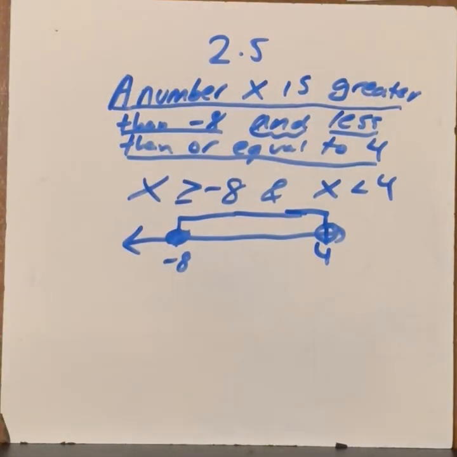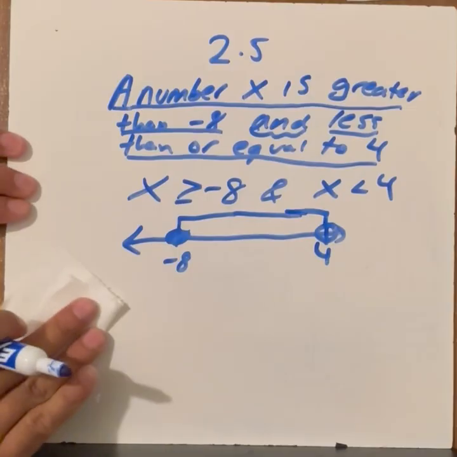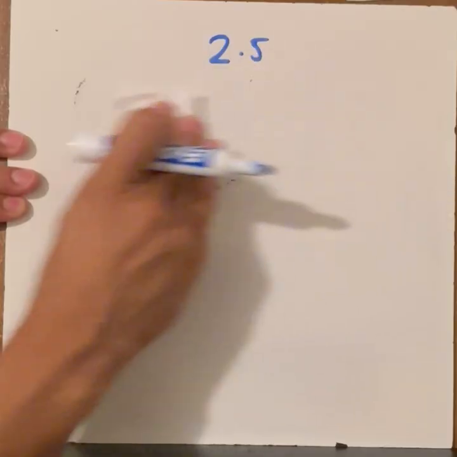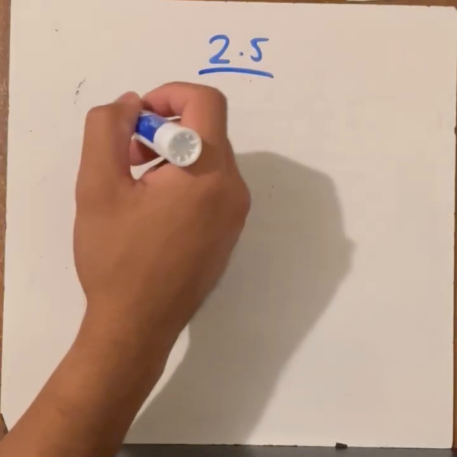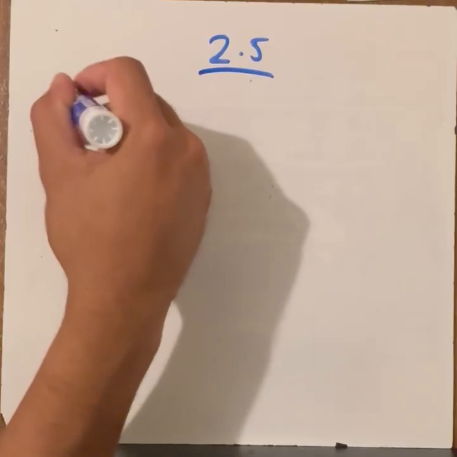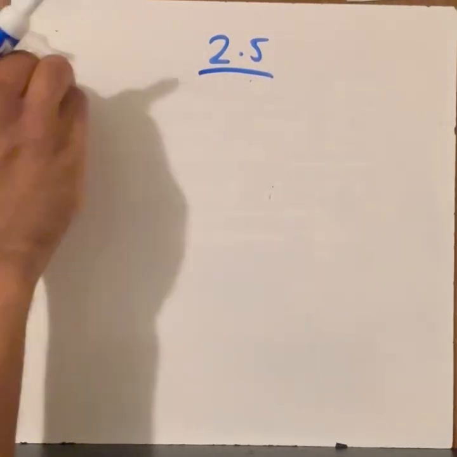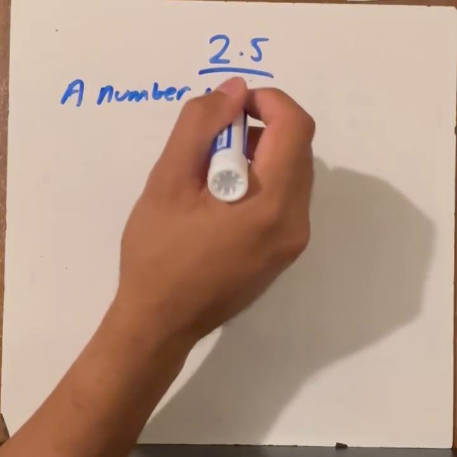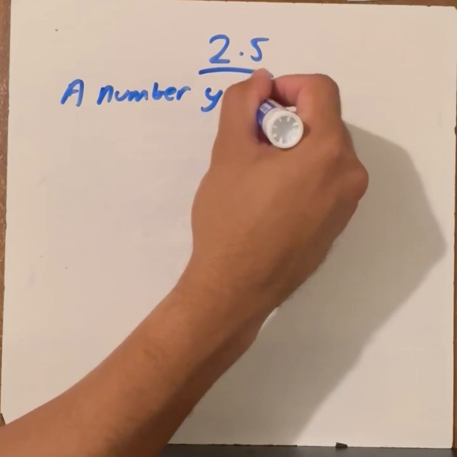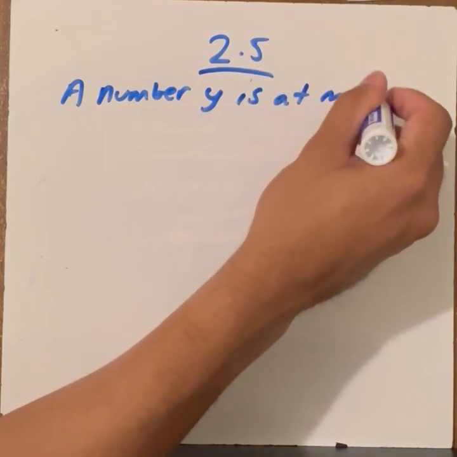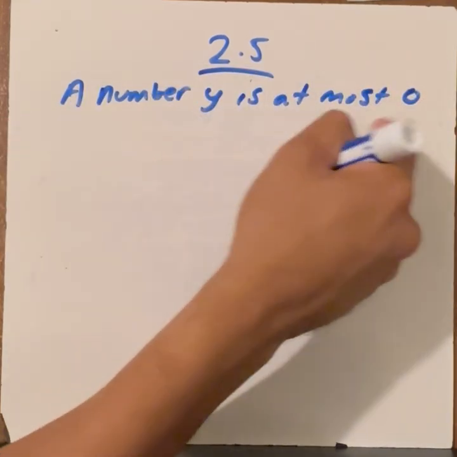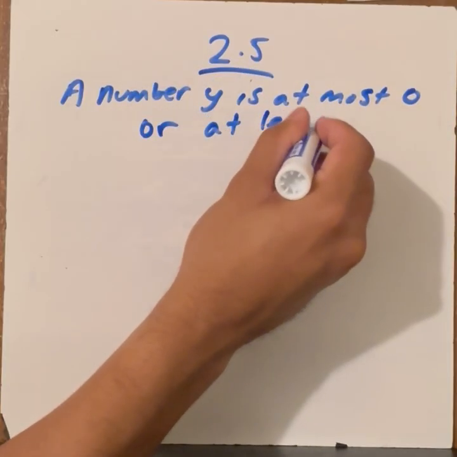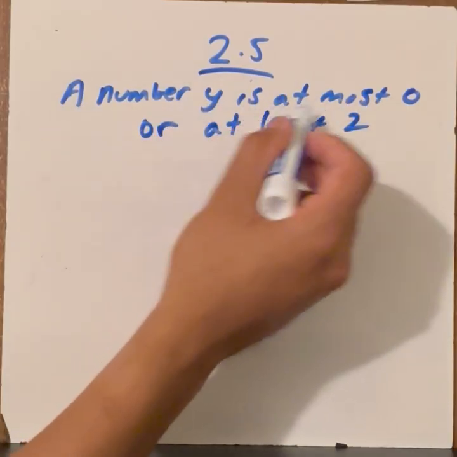All right, let's take a look at a similar question using the word "or". If the question says a number y is at most 0 or at least 2, it says a number y is at most 0.